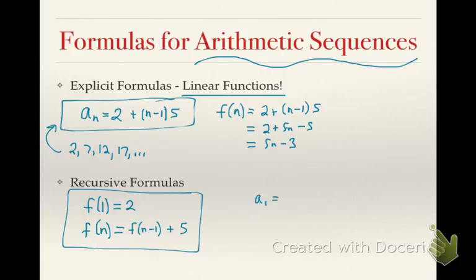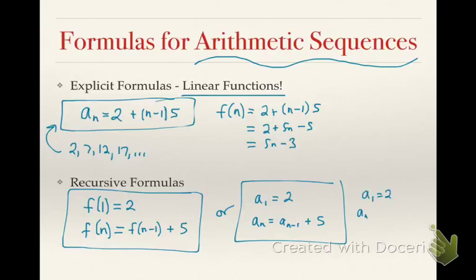Note I could have used the a notation. So a1 is 2, and a of n is equal to the previous term plus 5. Notice also I could have written a1 is 2 and a n plus 1 is equal to a n plus 5. Okay, those are all equivalent.